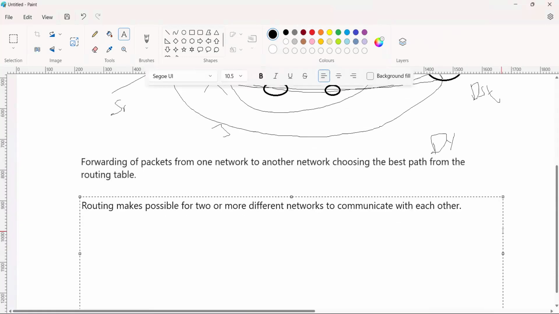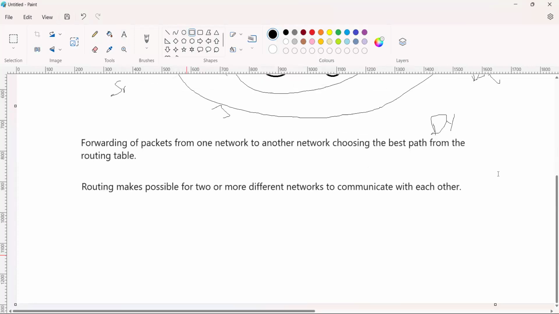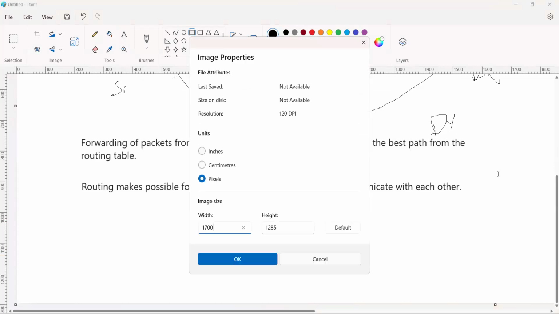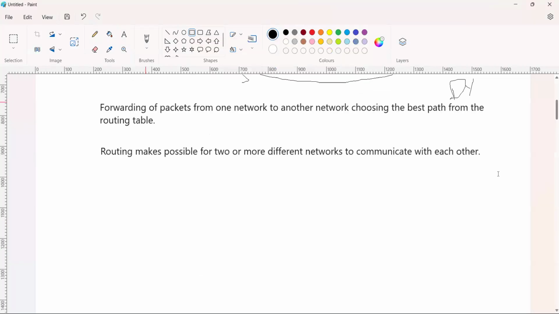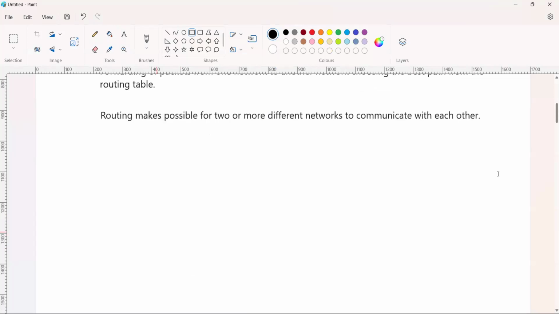Routing makes it possible for two or more different networks to communicate with each other. So for example, here you have this LAN network and one more LAN network at a different location, and they are connected with one router.